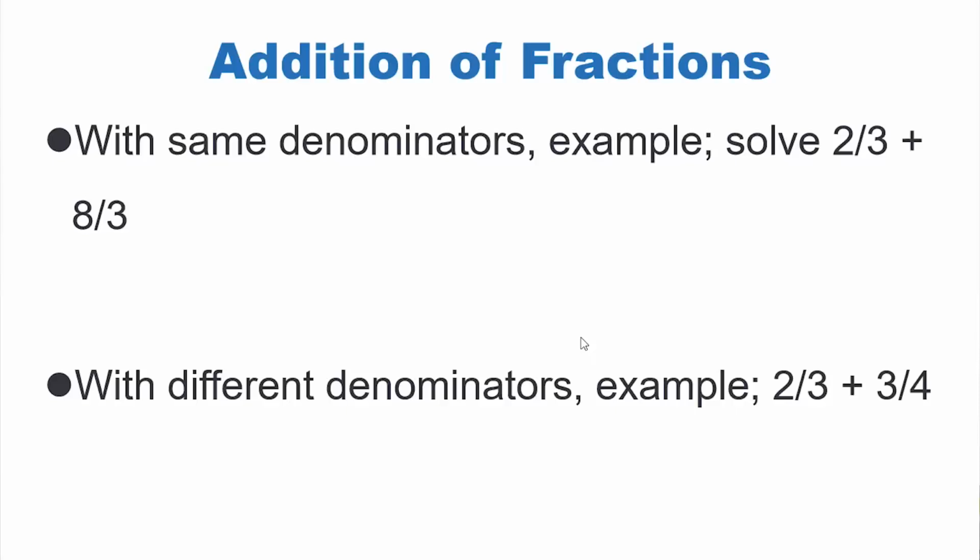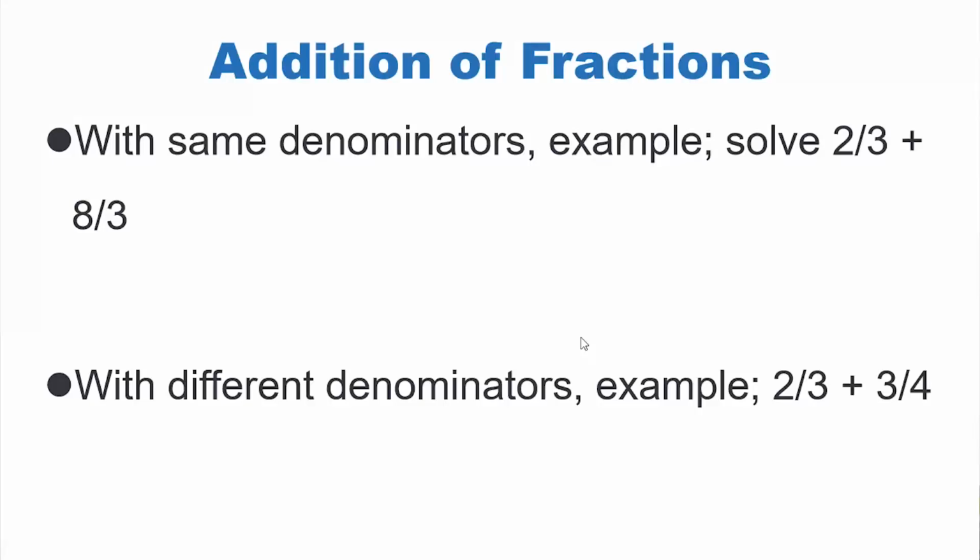We said that to add and subtract fractions, the first thing you must do is to make sure that the denominators of the fractions are the same. The first question they gave us has the same denominators, so it is easier for us to just go and add.